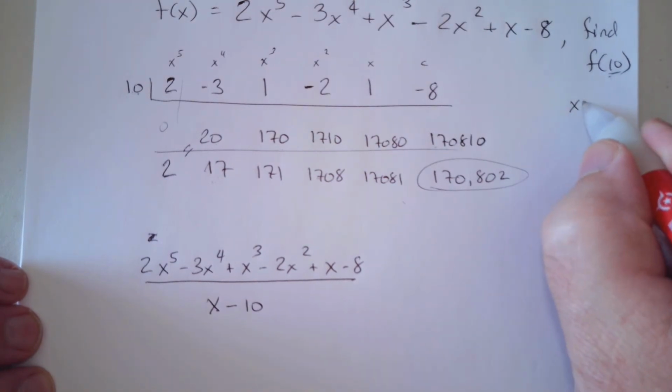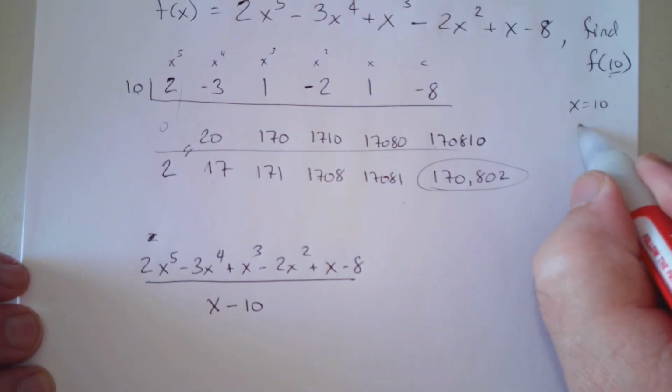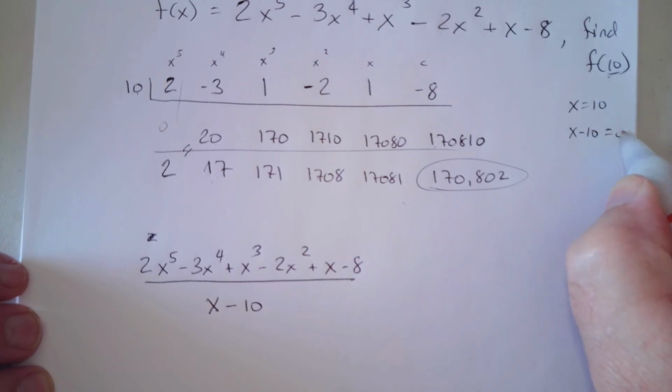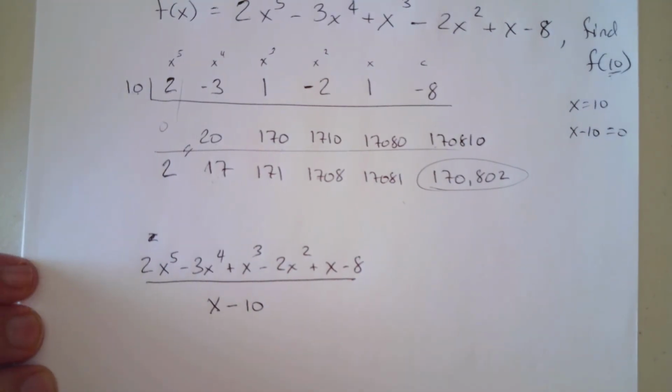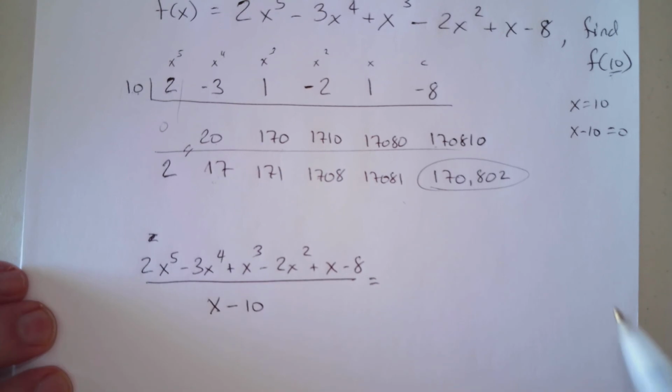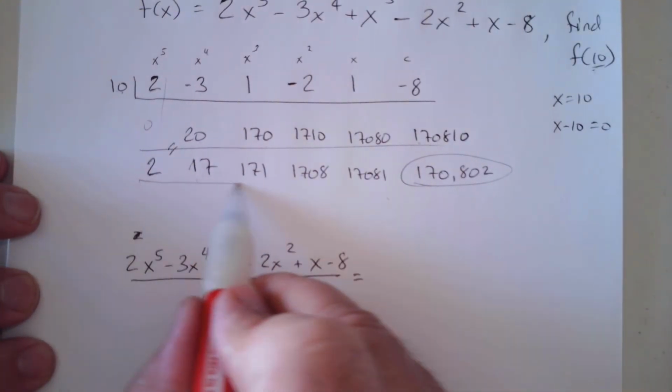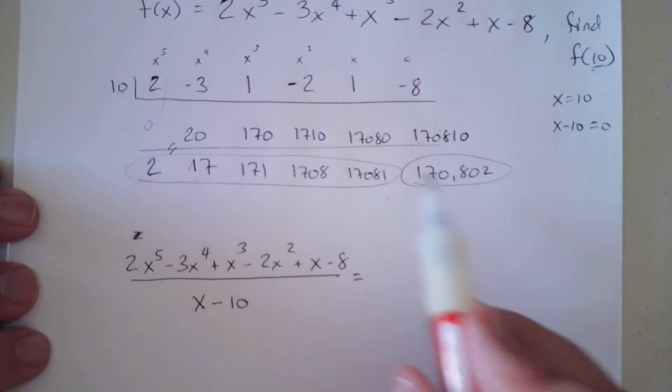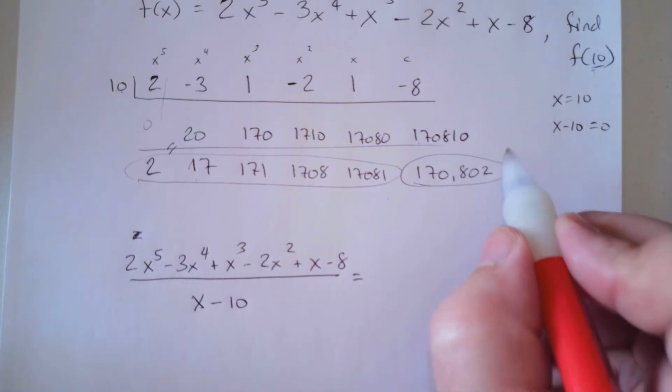Because that's my 0, x equals 10. So I subtract 10 from both sides to get a 0. So that's what I have in the bottom. Now the solution would be all these. This is your remainder.